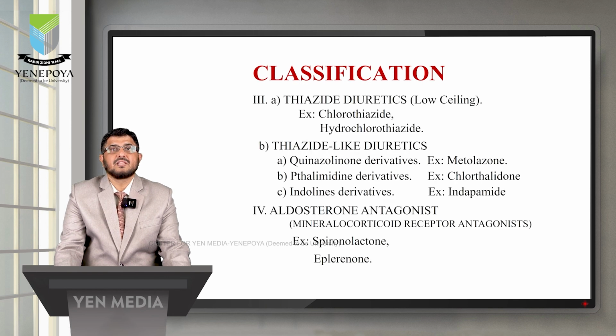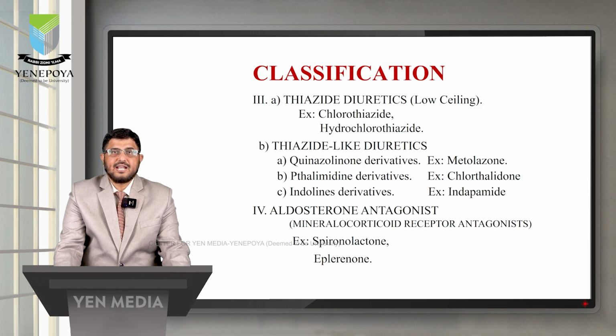Third, we have thiazide diuretics, also called low ceiling diuretics. Examples are chlorothiazide and hydrochlorothiazide. B, thiazide-like diuretics: quinazolinone derivatives, that is metolazone; phthalimidine derivatives, that is chlorthalidone; and indoline derivatives, indapamide.